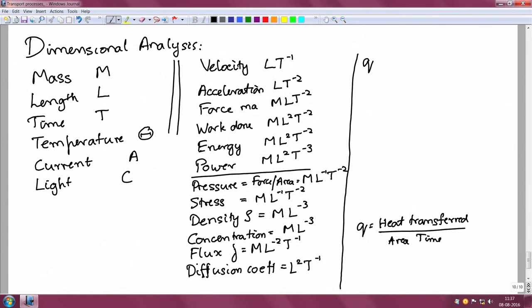The heat energy has dimensions of M L squared T to the minus 2, that is the dimension of energy. Area is length squared and time is T. Therefore, the dimension of the heat flux will be equal to M T to the minus 3.